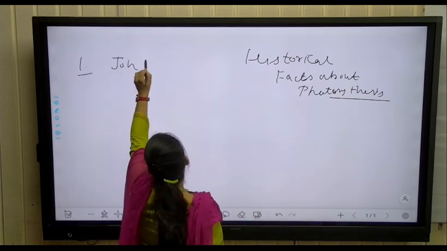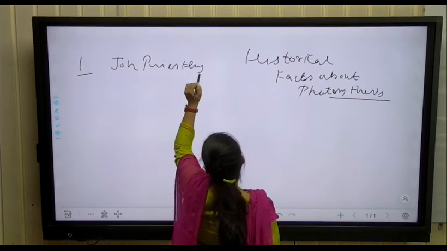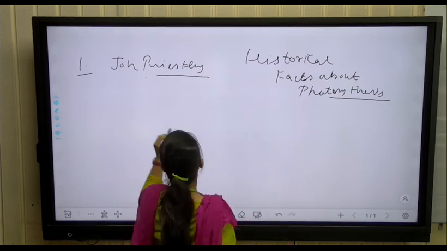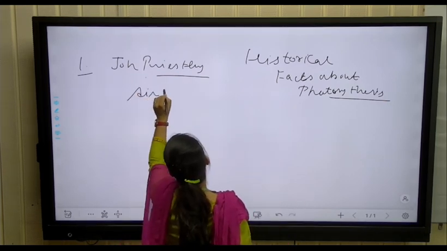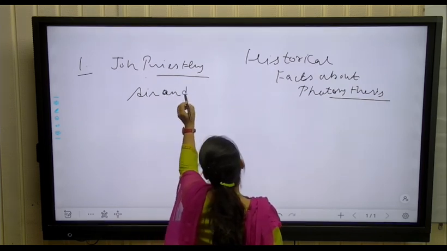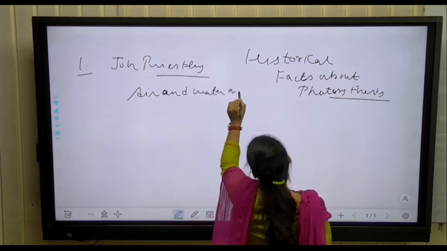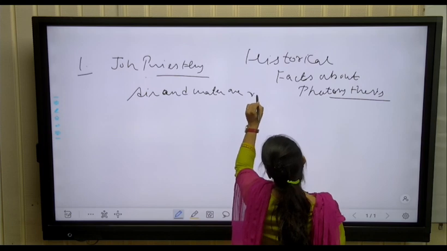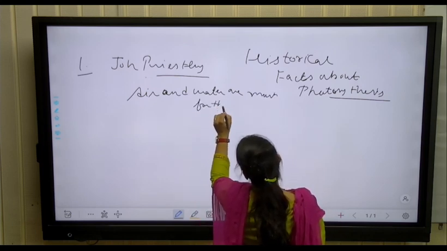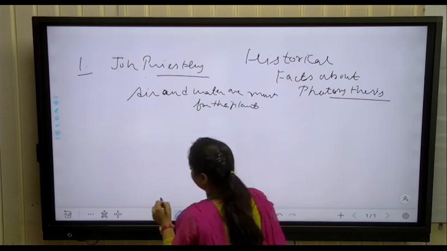The first experiment was done by Joseph Priestley. It proved that air and water are a must for the plant and the process of photosynthesis.